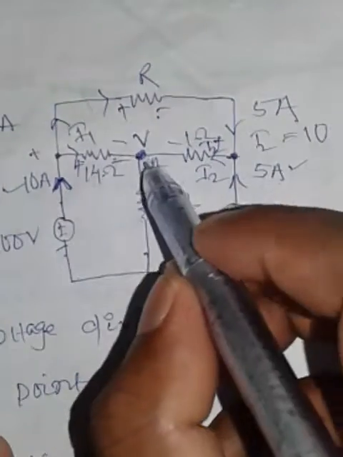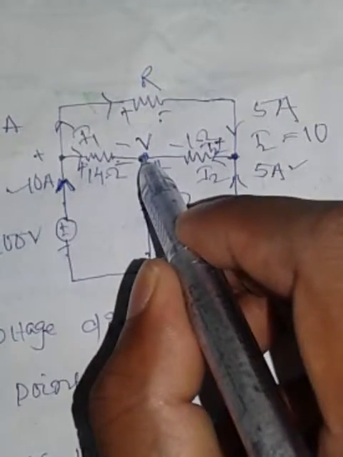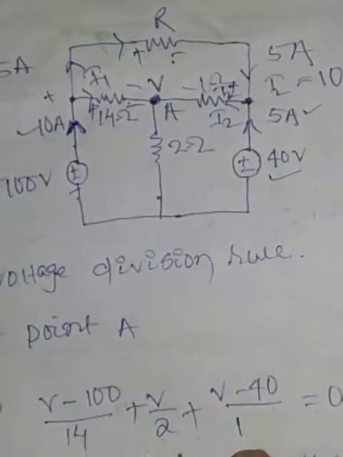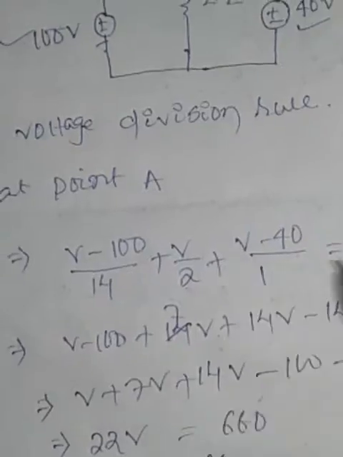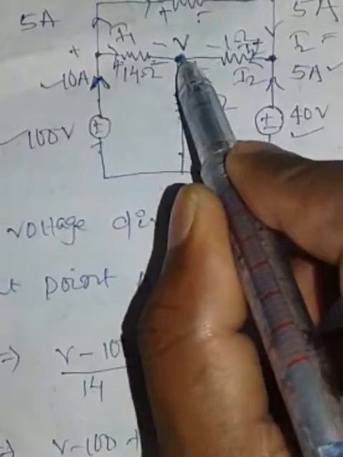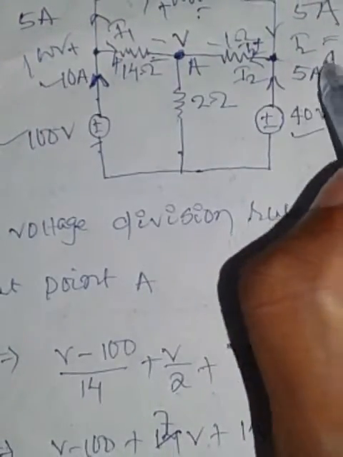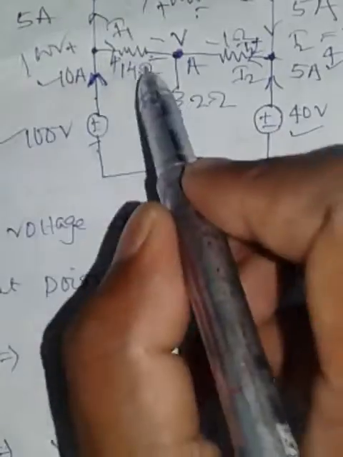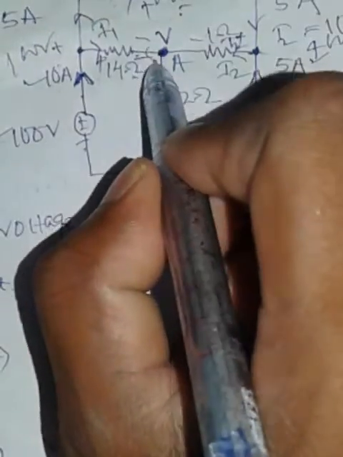So for simplification we apply the voltage division rule here. At this point the voltage is V, at this point the voltage is 100, and at this point the voltage is 40. So V minus 100 by 14 is the current of this branch.